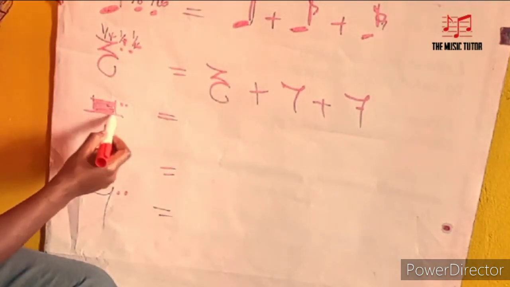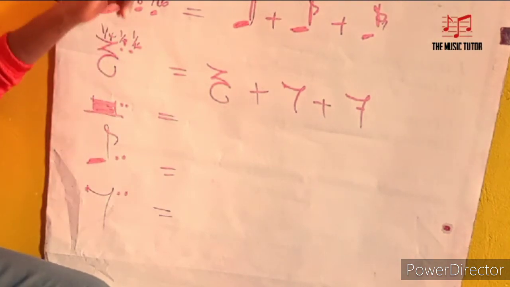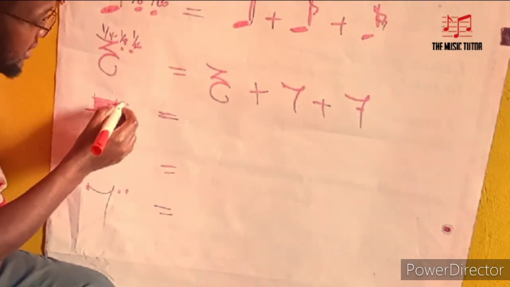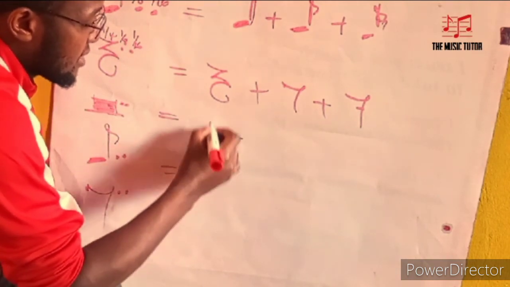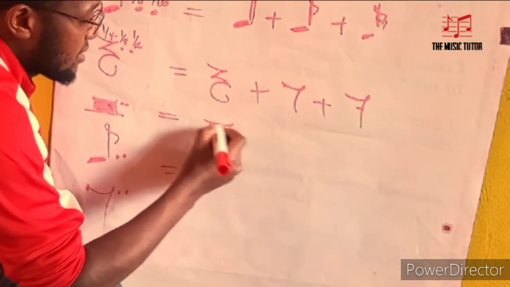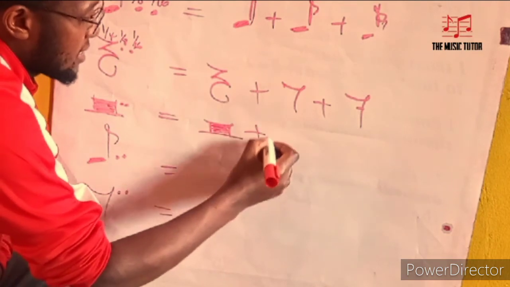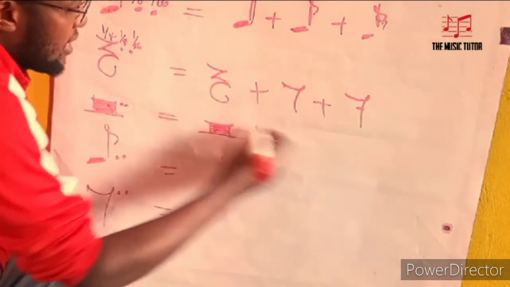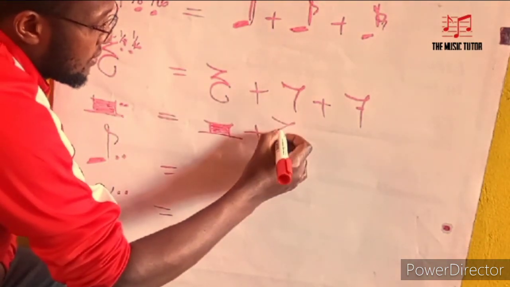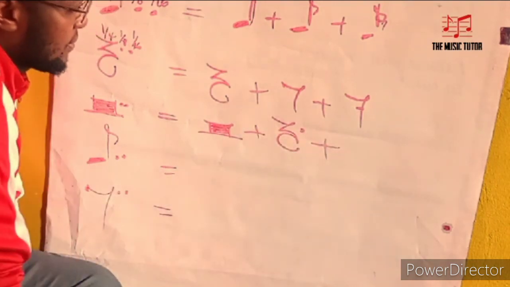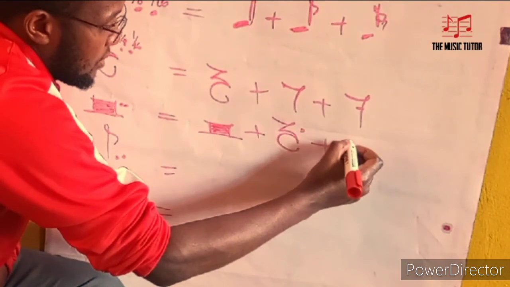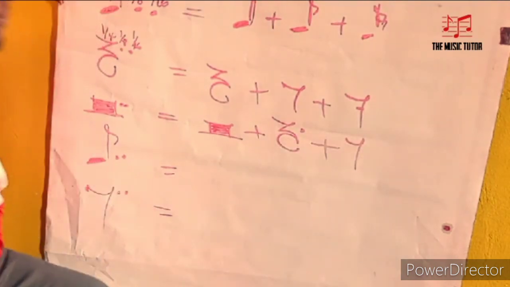This is the rest of a minim. The same case applies here. Double dotted rest of a minim. Meaning, this will give us a minim rest, plus a crochet rest, plus a quaver rest.